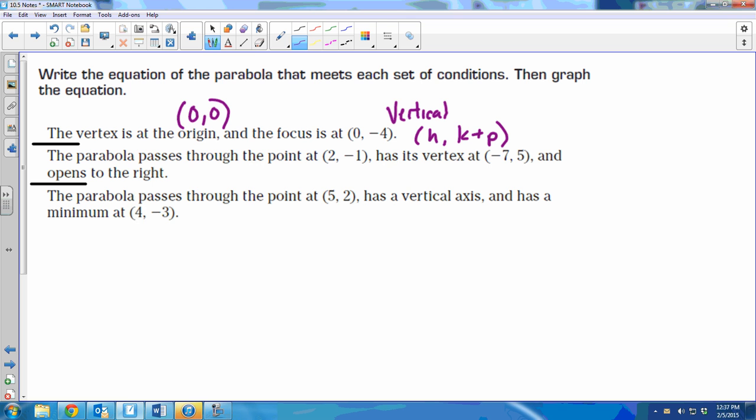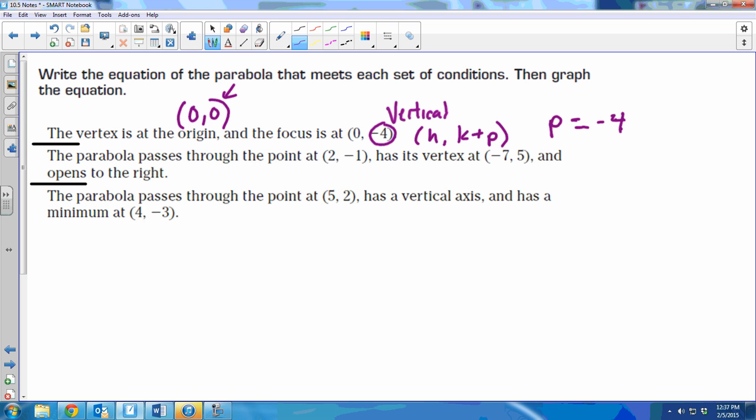Well, we know k is 0. So 0 plus p has to be -4. So what's p? -4. A lot of the questions on your homework are going to be similar in that they'll say the directrix is this, and you go back and look at the little expression and figure out, if I know k already, then k plus this. You try to figure out p that way, okay?